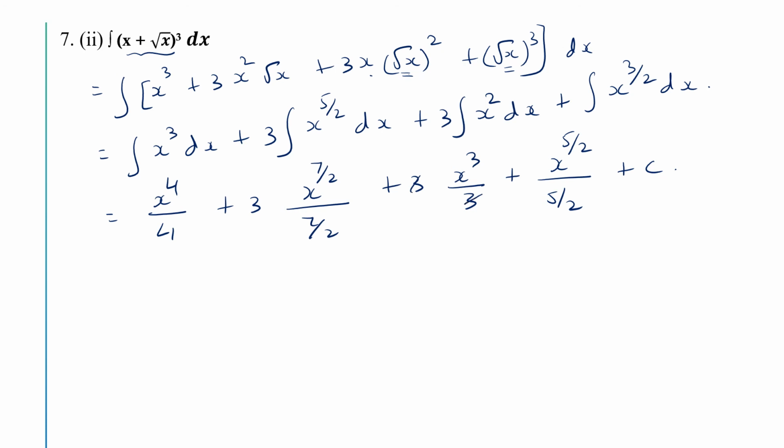Here these two will go. So this is equal to x raised to 4 by 4 plus 6 by 7 x raised to 7 by 2 plus x cube plus 2 by 5 x raised to 5 by 2 plus c.